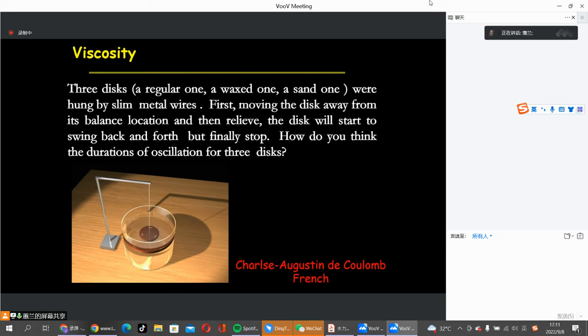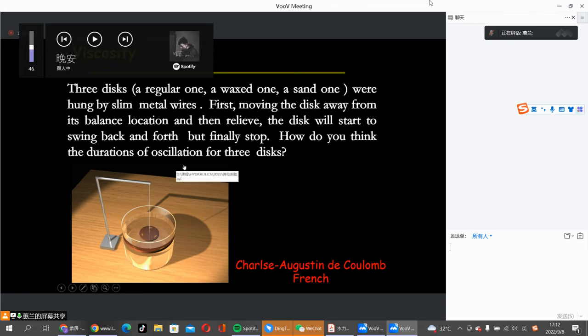between the solid and the fluid, because we know for the solid there is also friction force. Okay. Here we have a very famous example.